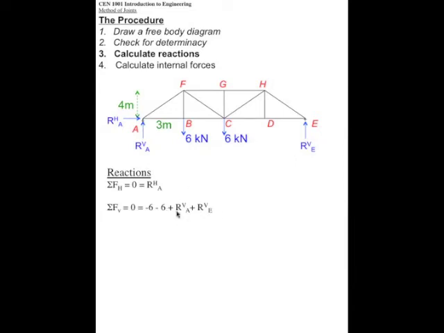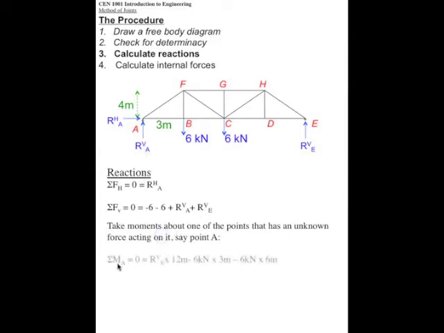We don't know how much each is, but we know they add up to 12. So we need to take moments about a point to find the actual values. We'll take the moments about point A because one of the forces goes through A, and therefore there's no moment caused by that force. It gets rid of the unknown.